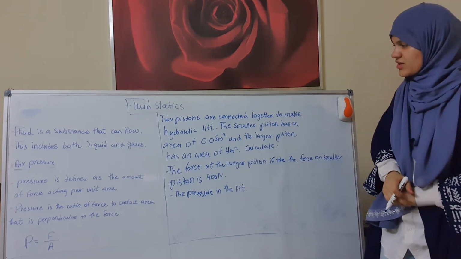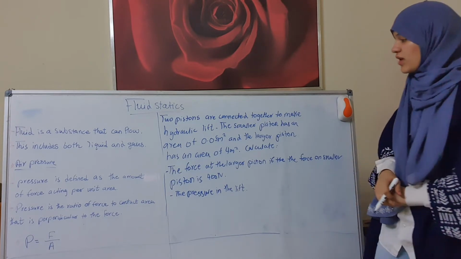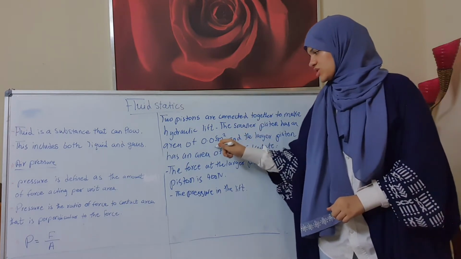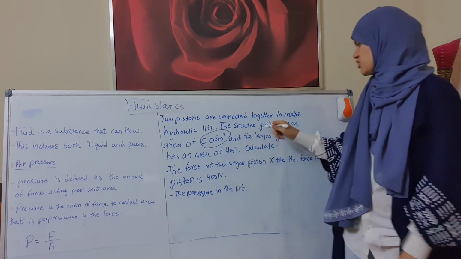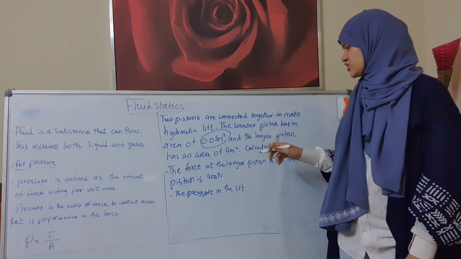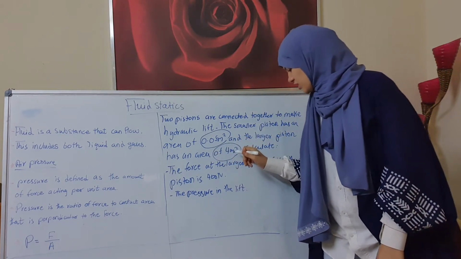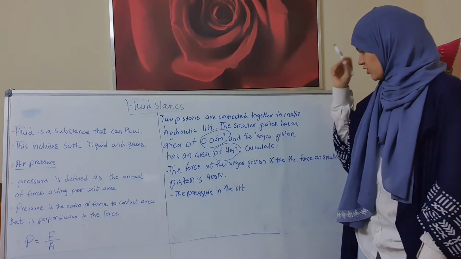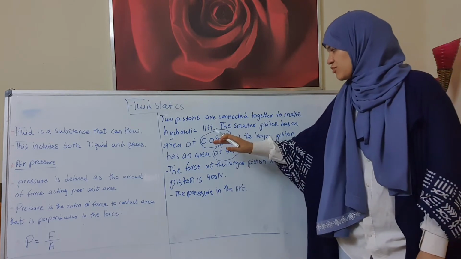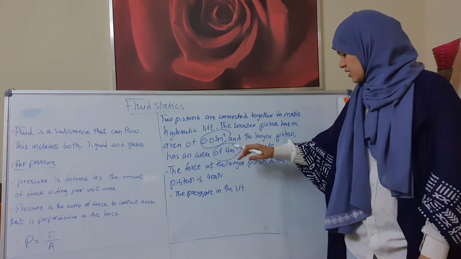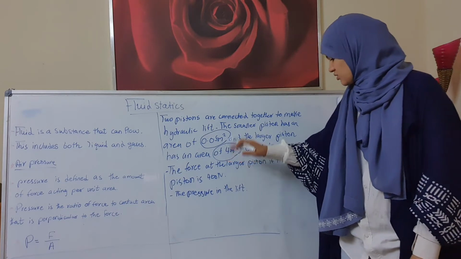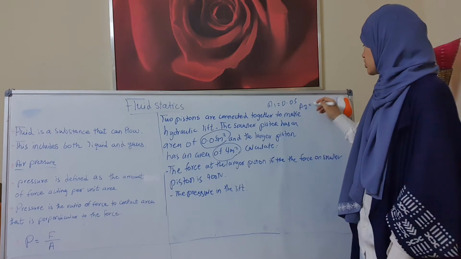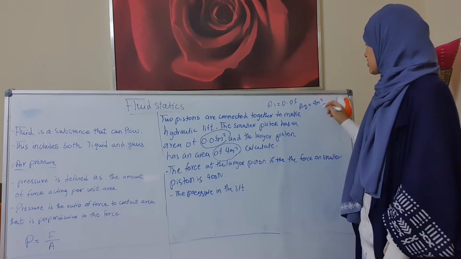Now what do we have here? We have area 1 and area 2 and F1. Area 1 is the smaller piston, and here is the larger piston. A1 is equal to 0.05, A2 is 4 meters squared.